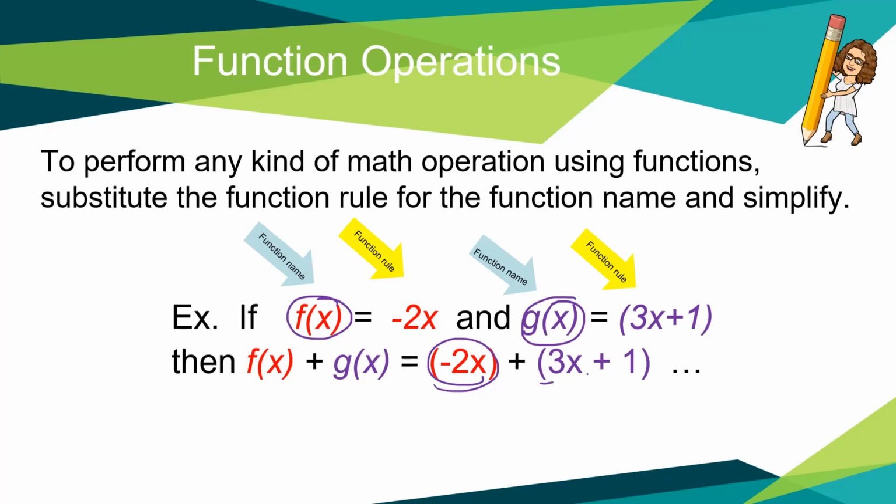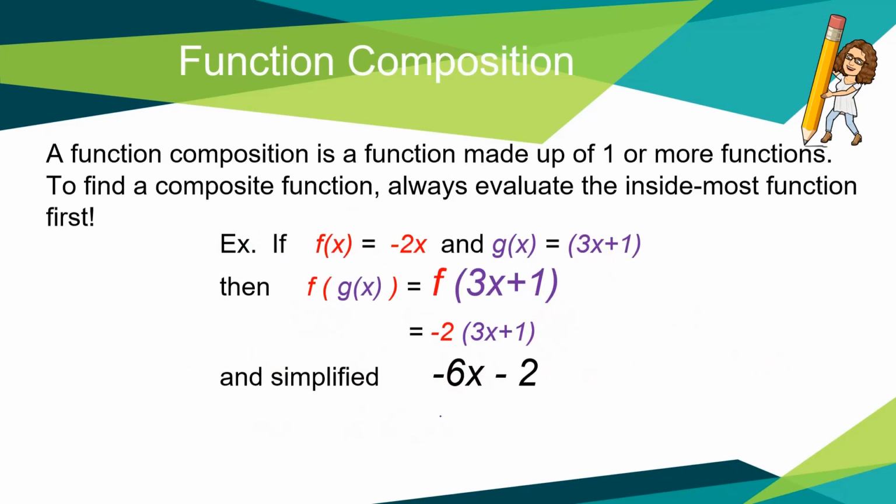Negative 2x and 3x are like terms. Negative 2x plus 3x is x, and then I just have that plus 1 hanging out. So f of x plus g of x is equal to x plus 1 is my answer for that addition.